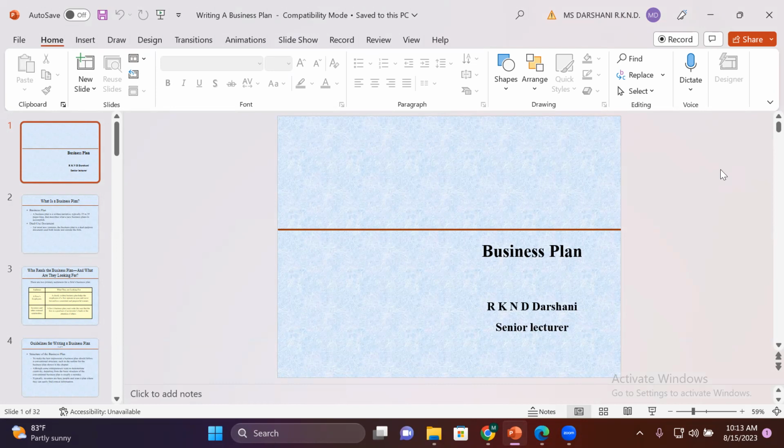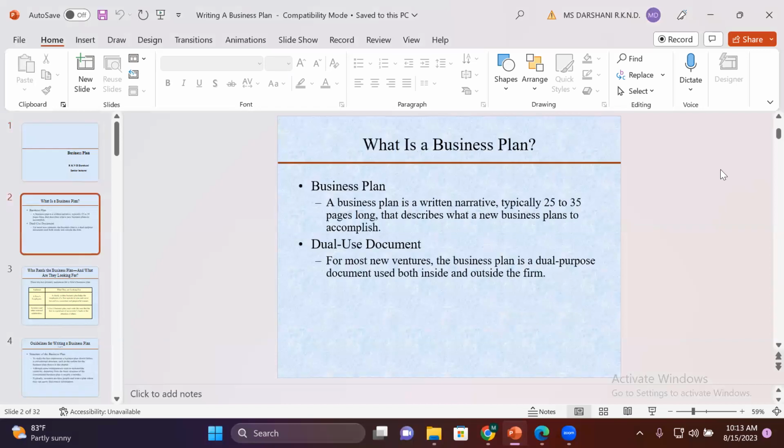So now let me bring you to the business plan question area. When it comes to the business plan question area, you want to focus on what a business plan is. You should be able to define it. What kind of a business plan is this?